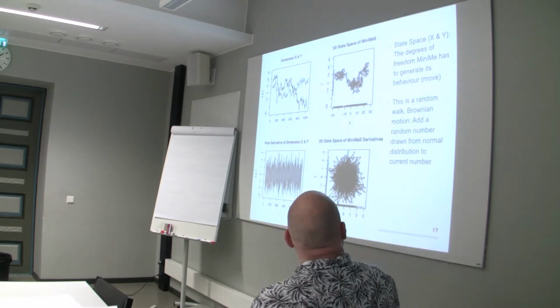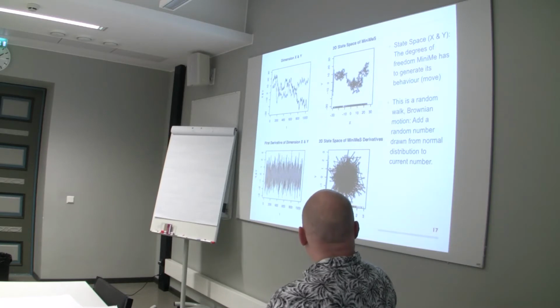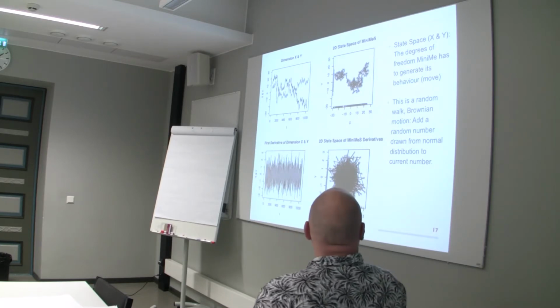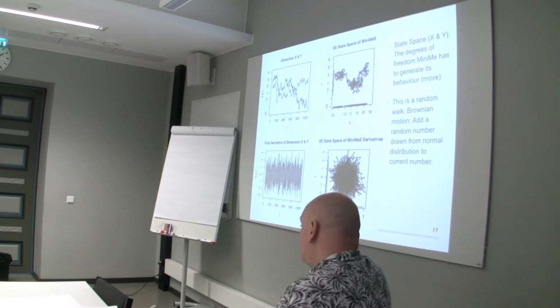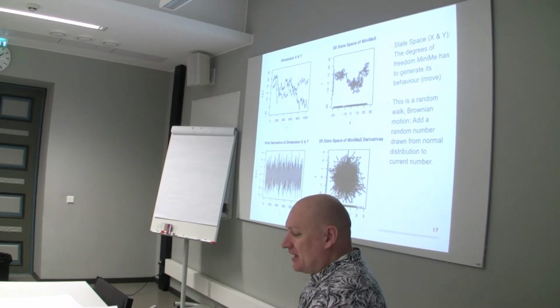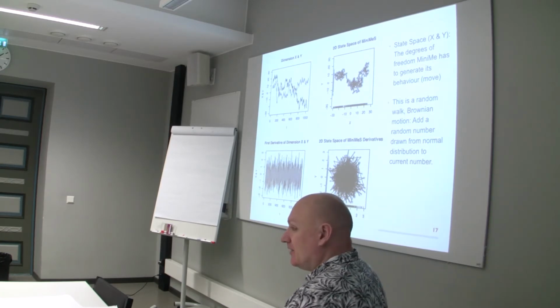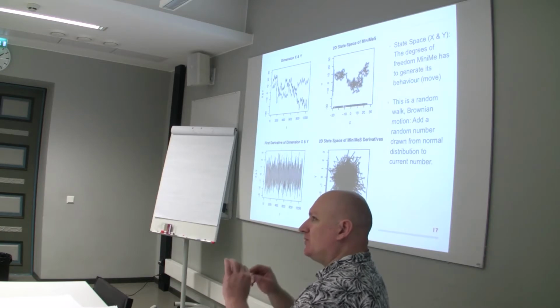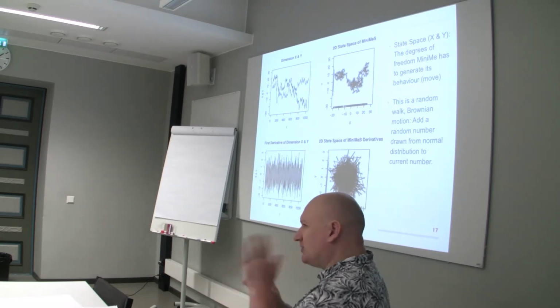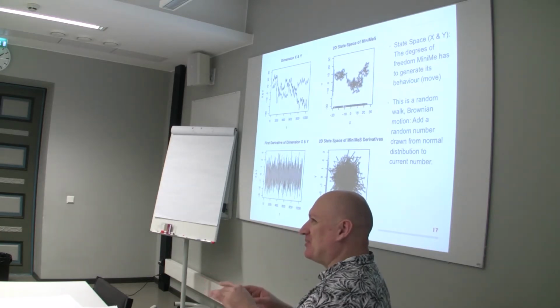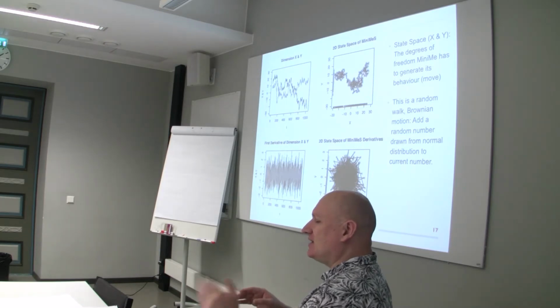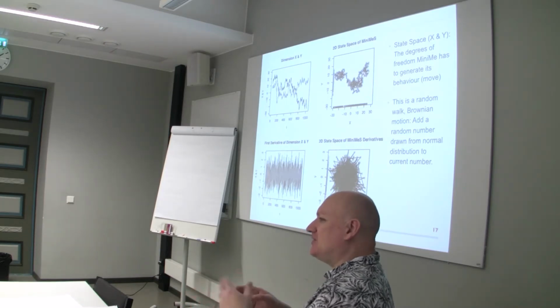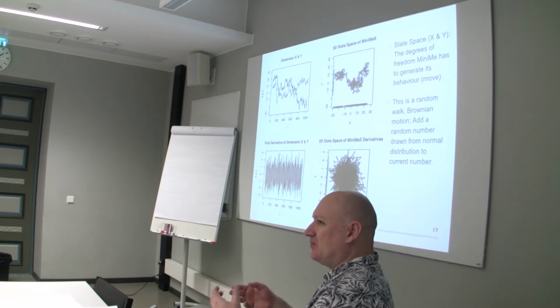There you go. This is a random walk, and it's called Brownian motion after Mr. Brown. And basically, what you do is take the cumulative sum of random numbers. And it's still a pretty important paper, because it was a hint at that time.